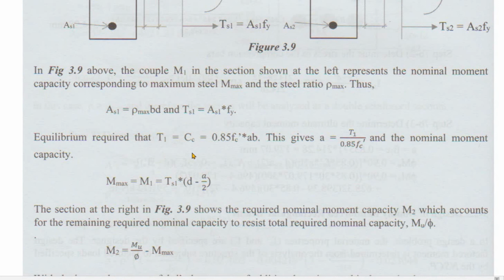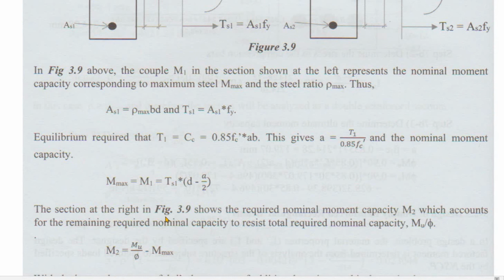Equilibrium requires that T1 is equal to CC, which is equal to 0.85 f'c times ab. This gives a equal to T1 all over 0.85 f'c b, and the nominal moment capacity Mmax is equal to M1, which is equal to TS1 times (d minus a over 2).